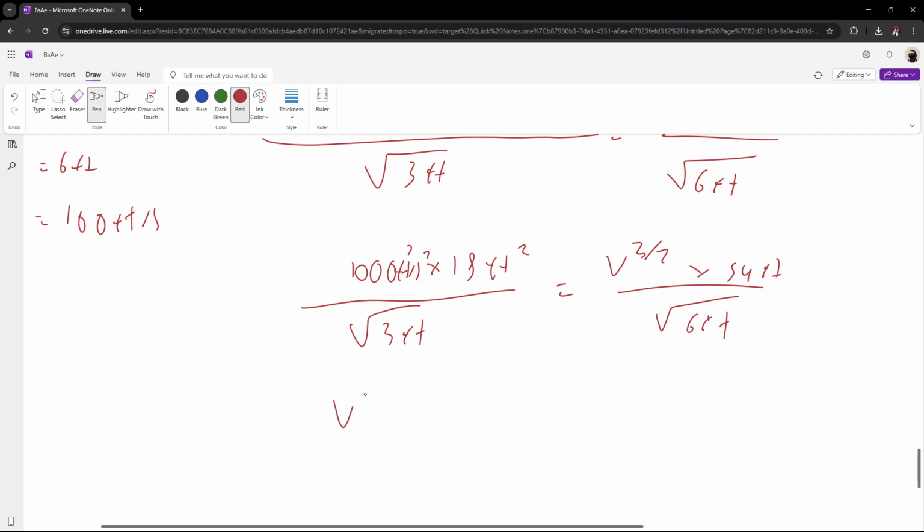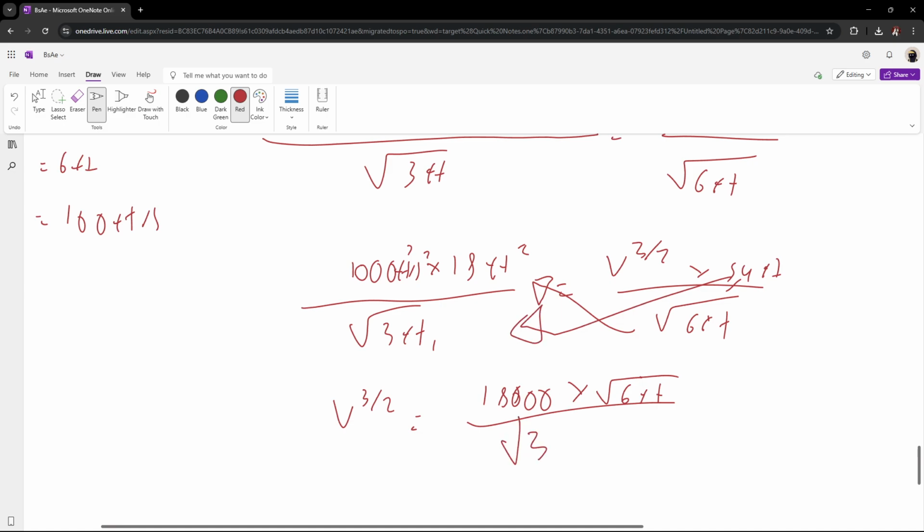Now just transposing everything, V2 to the 3 over 2 is equals to 18,000 times 6 foot is equals to 3 by 54.